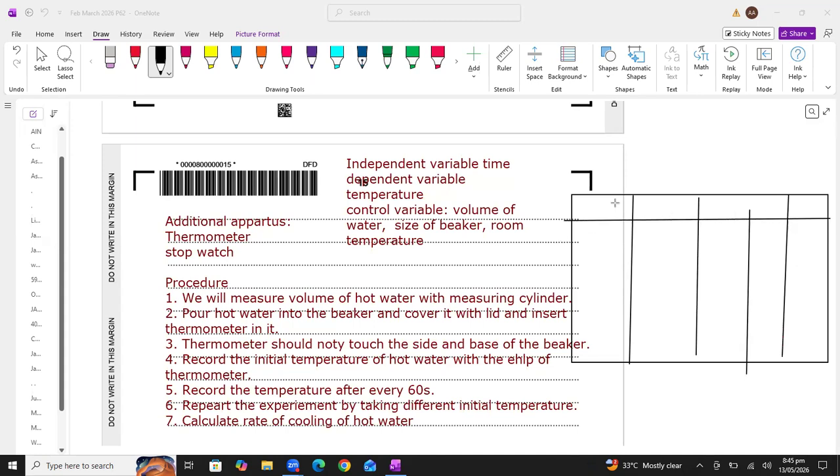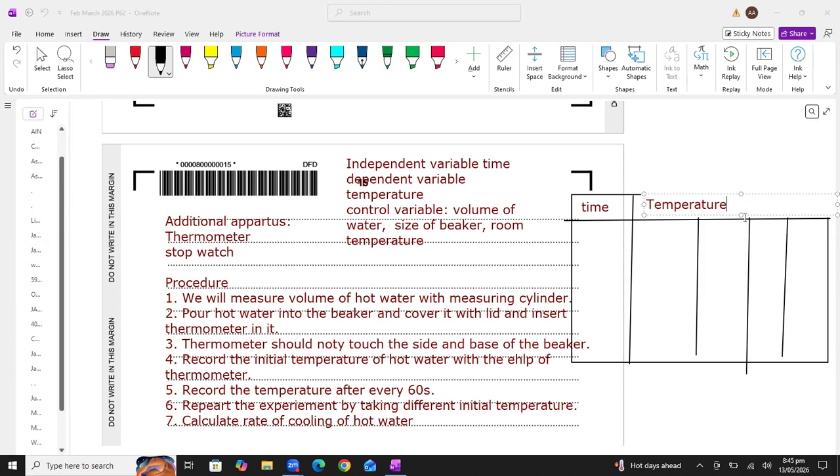All right, students. So in the first column, what I will take? I will take the time here in the first column because we are repeating an experiment after every 60 seconds. I mentioned here time. Then temperature. All right.